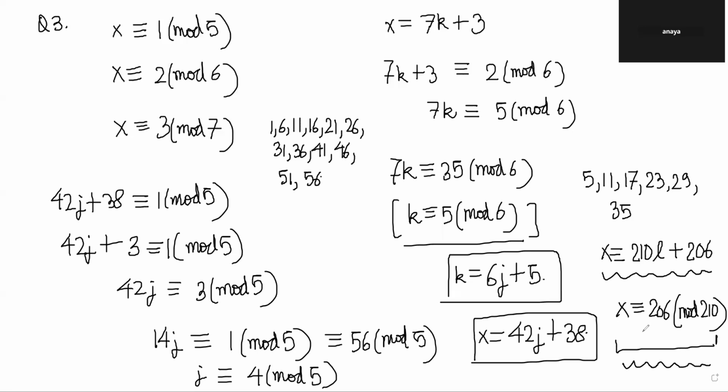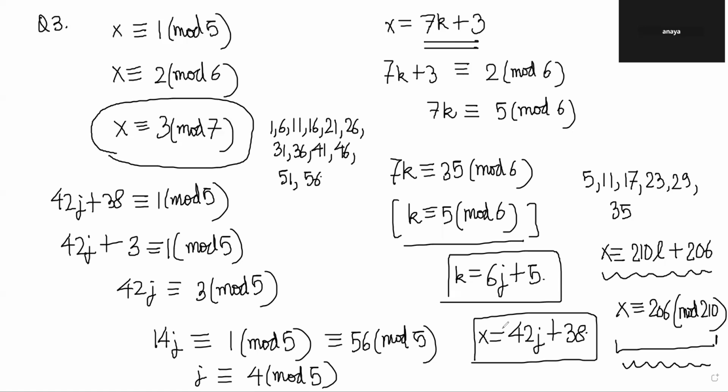Wait, I got one sec. You start with the highest one, right? Yeah. When you put 7k plus 3 into the second one, you should get k is equal to 6j plus 5.